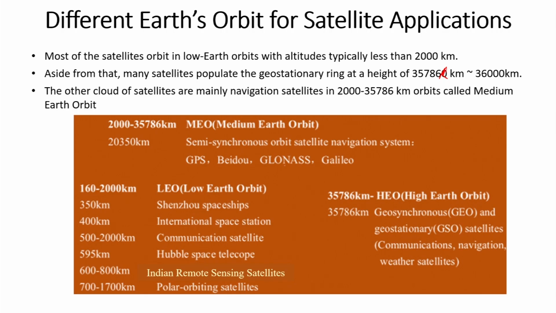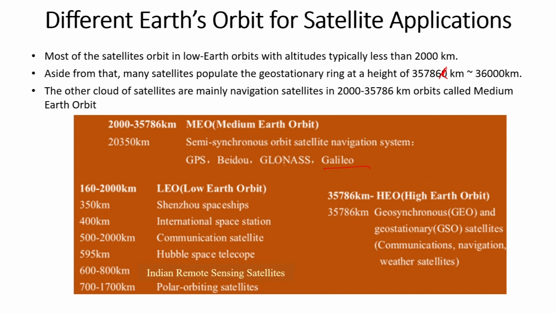I will define what we call a semi synchronous or a geosynchronous orbit. It depends on the period the satellite takes to complete one orbit. The names of the navigational satellites are GPS, then the Chinese constellation called BeiDou, then GLONASS, which is Russian, then Galileo, the European satellite system for navigation.